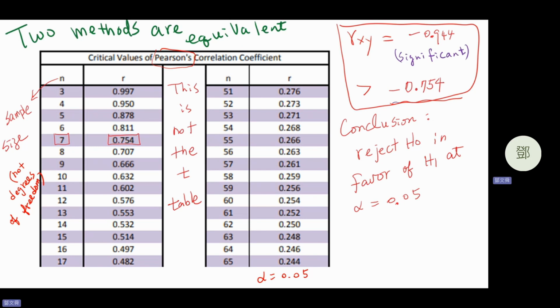The r is minus 0.94, and the Pearson's critical value with sample size 7 is 0.754. It is smaller than, because it is a left tail test, so you just add a minus sign by yourself.